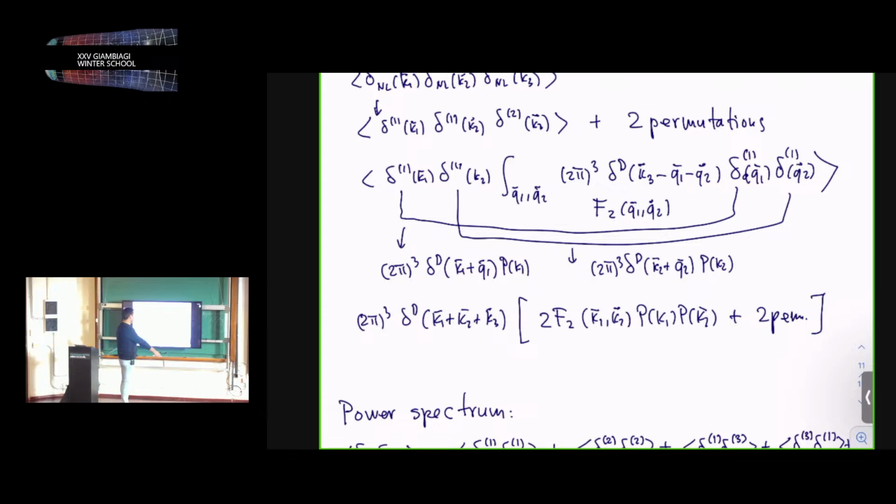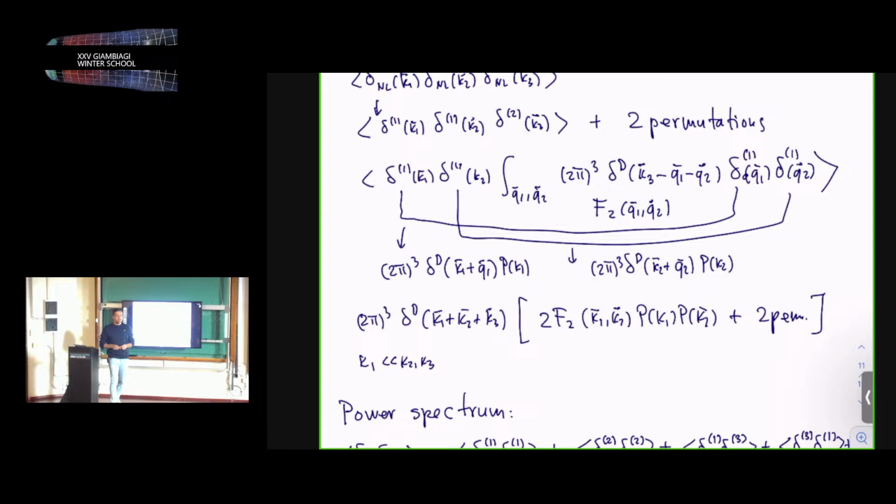Now, let me point out here that the thing that we discussed earlier, something that looks like some infrared divergence, can also appear a little bit puzzling in the 3-point function. Consider, for example, the case in which k1 is much smaller than k2 or k3. This is the so-called squeezed bispectrum.